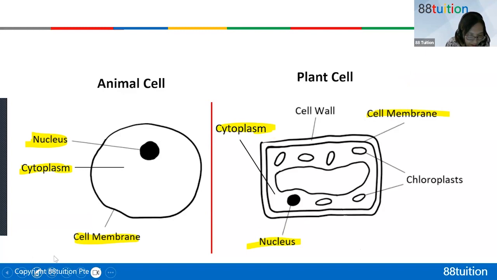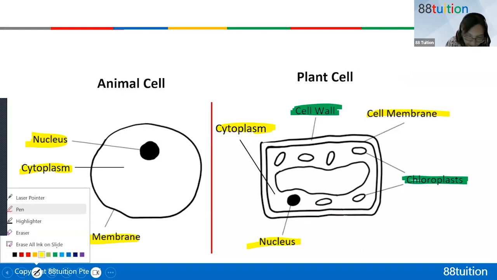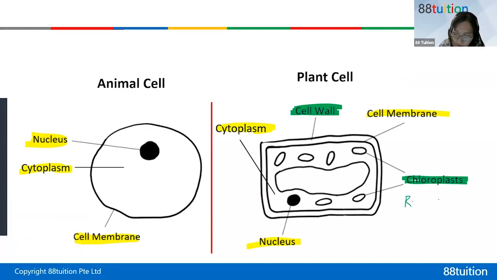For plant cell, all of them have cell wall. Some of the plant cells have chloroplast. But root cell has no chloroplast, so take note of that. Which I'm going to write again here so that you will get it clear. So root cells have no chloroplast because root cells don't need to make food.